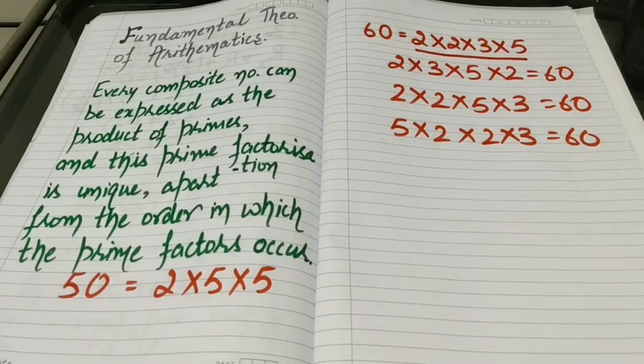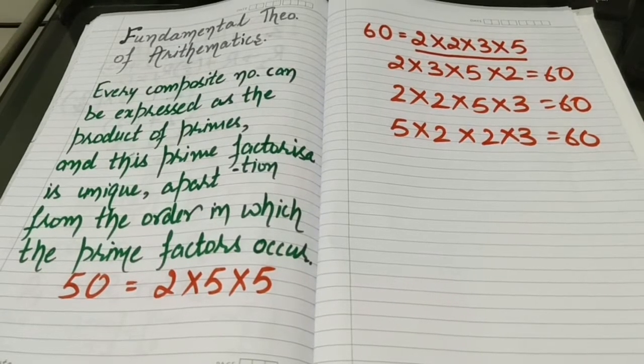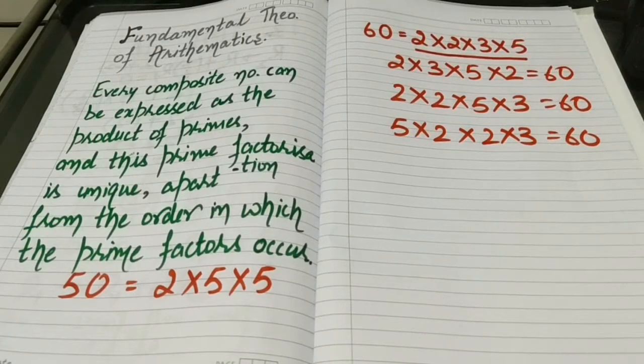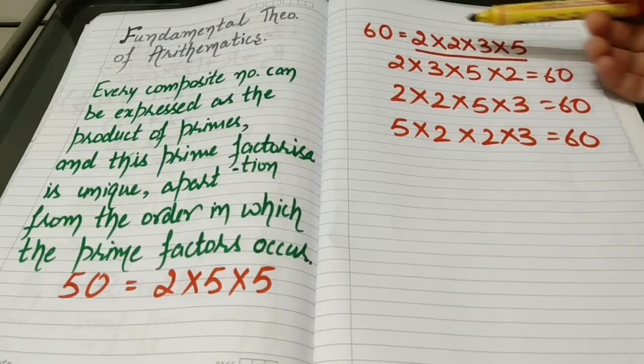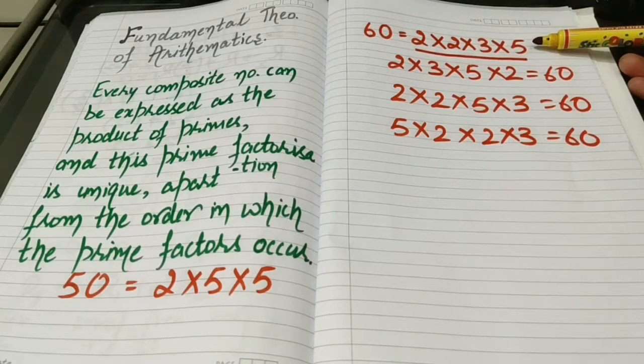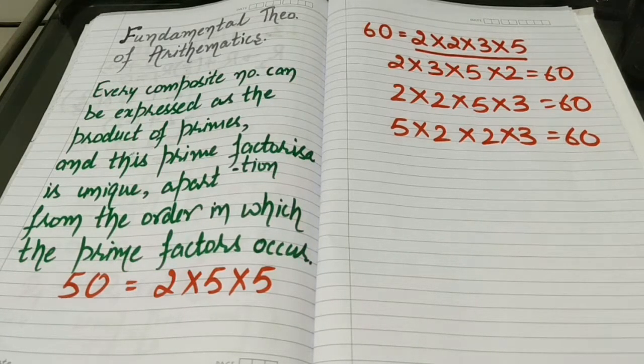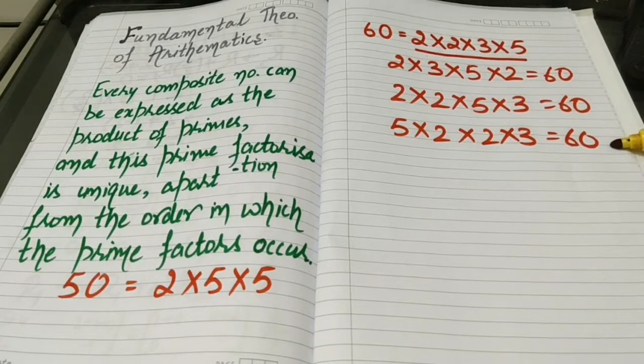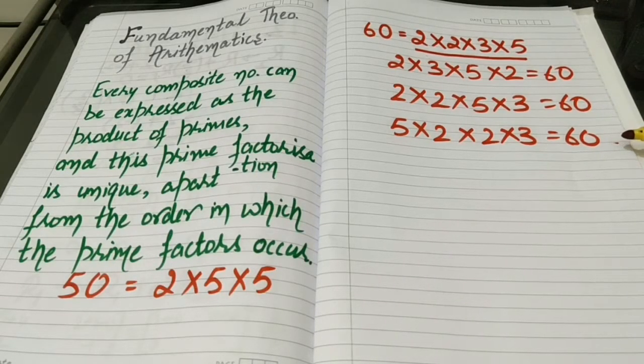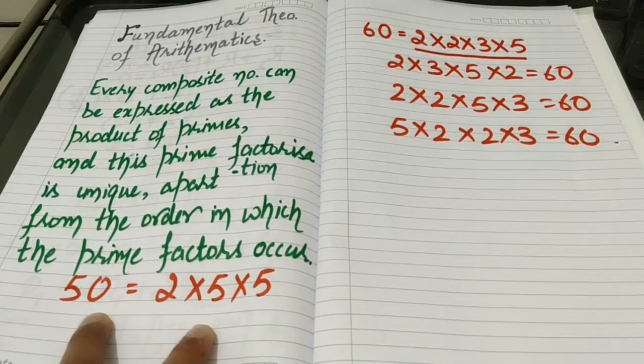This is what the fundamental theorem of arithmetic tells: every composite number can be expressed as a product of primes, as we express 60 as a product of primes. And this prime factorization is unique, meaning whatever the order of multiplication of these prime factors, their product will always remain 60. The same thing we can test for 50 as well.